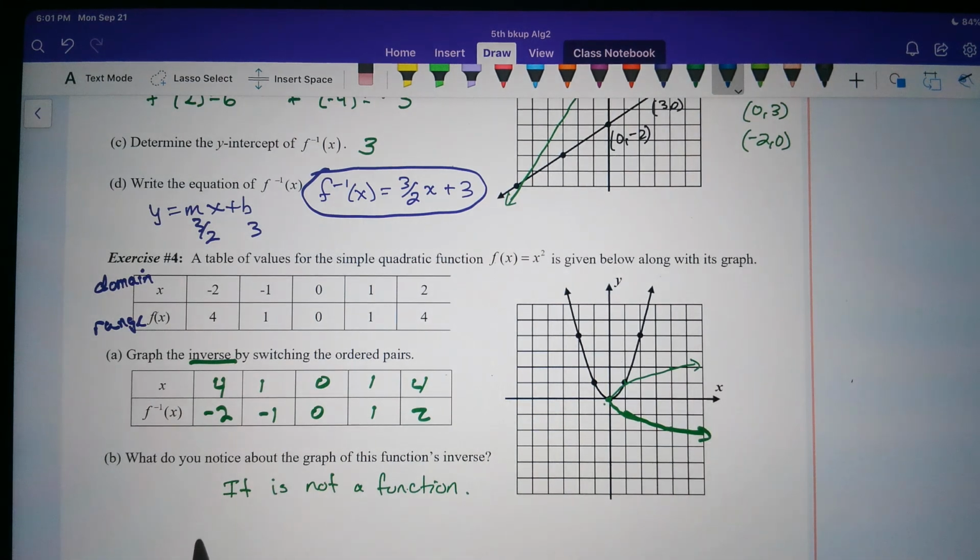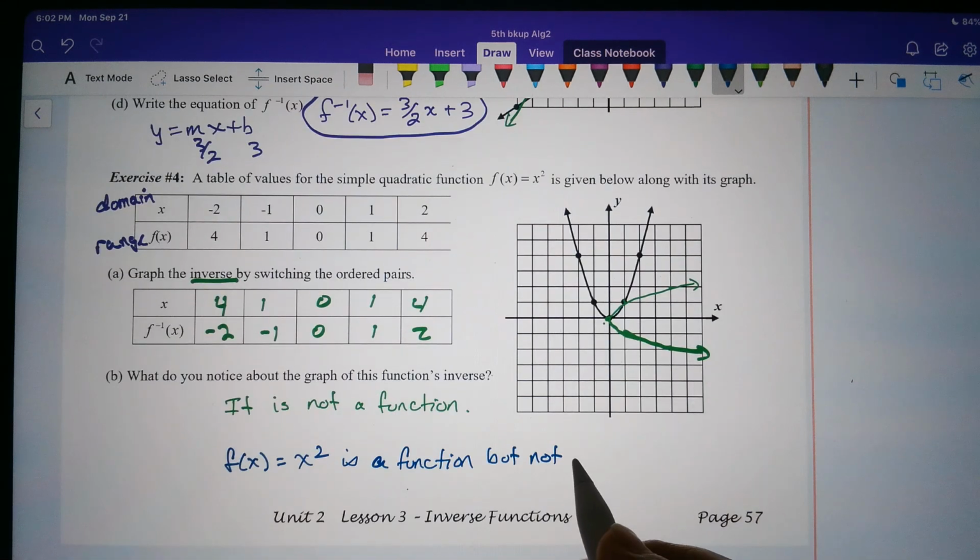And f of x equals x squared is a function, but not a one-to-one function.